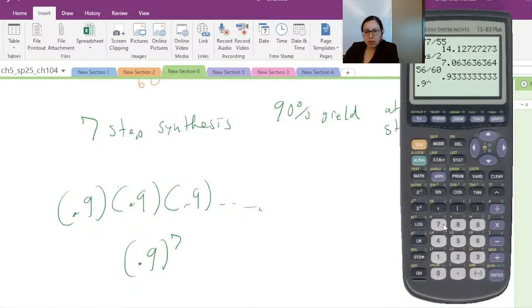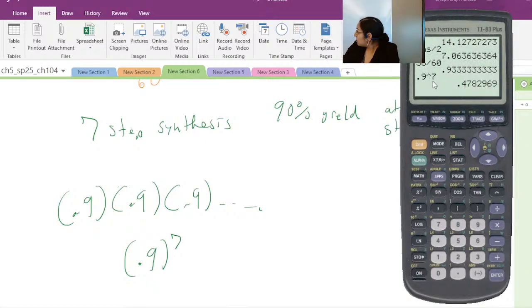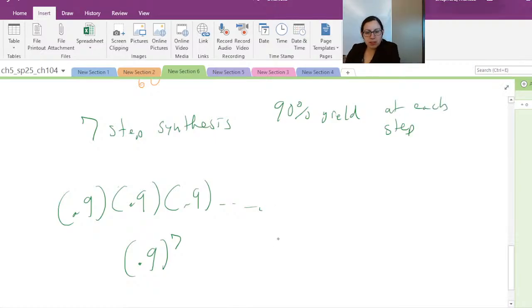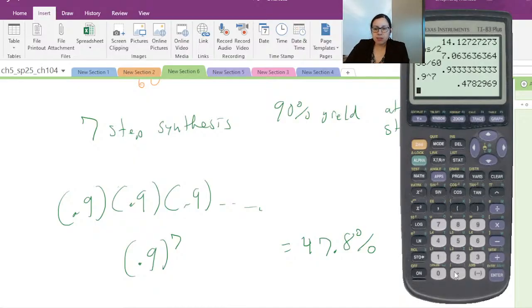Now let me use my calculator. By the time you do that 7-step synthesis, you're already at a 47.8% yield. So not that great. And like I mentioned, this is a pretty small synthesis, so typically an organic synthesis could be like 20 to 30 steps.